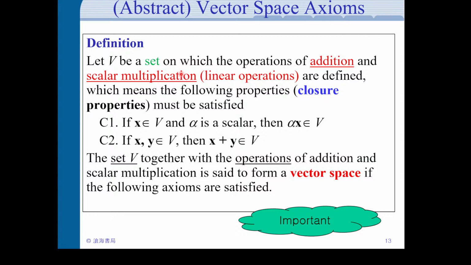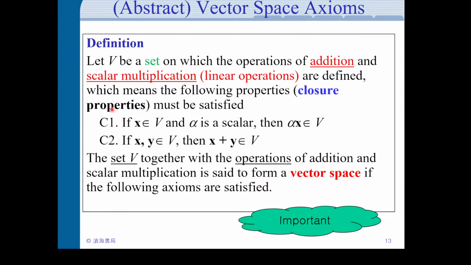You can have a set of really anything, and define these two operations, addition and scalar multiplication, and we say that if this set and those two operations satisfy some rules, there are actually 10 rules, then we call it a vector space. Okay?